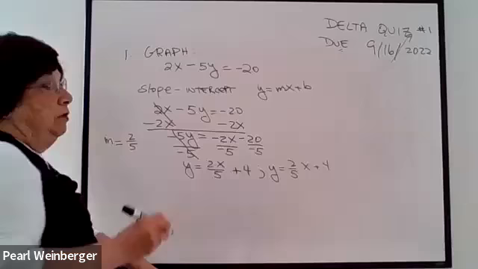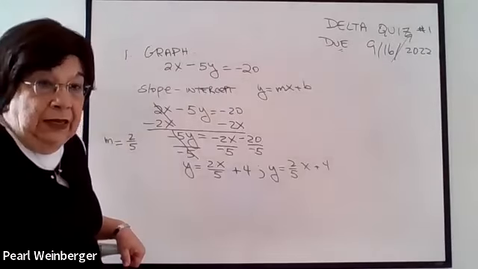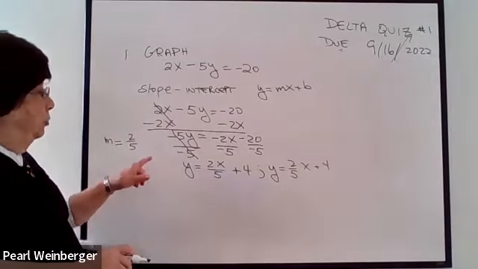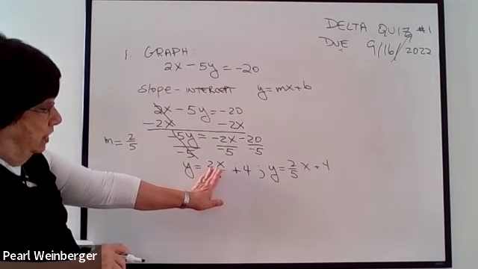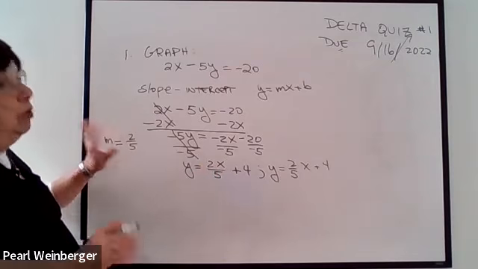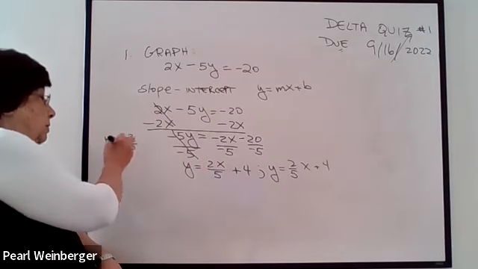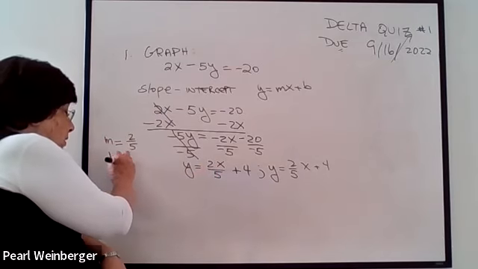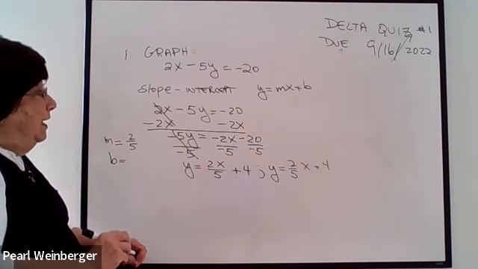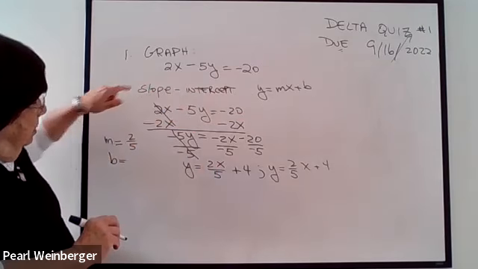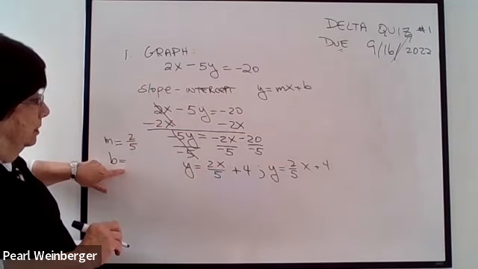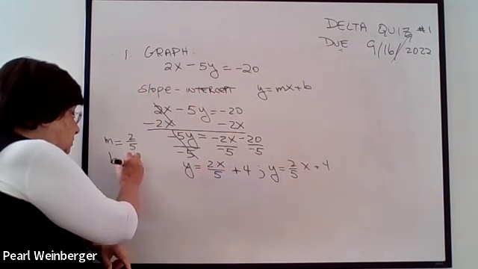We like the slope to be a fraction. If it turns out to be a whole number, let's say there wouldn't have been this 5 and you would just have the 2, you would have written it 2 over 1. The b, which is what we call the y-intercept, slope-intercept. The m is the slope, the b is the y-intercept, in this case is 4.